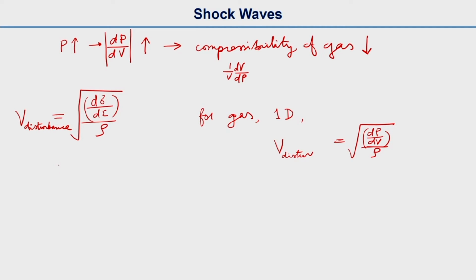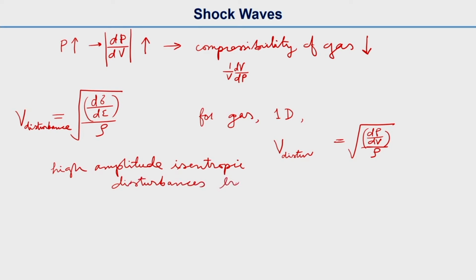So this says that high amplitude isentropic disturbances travel faster.